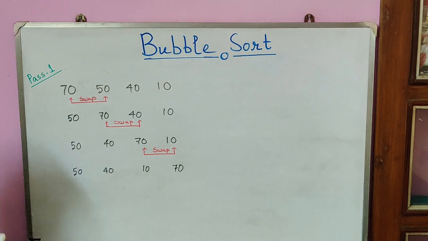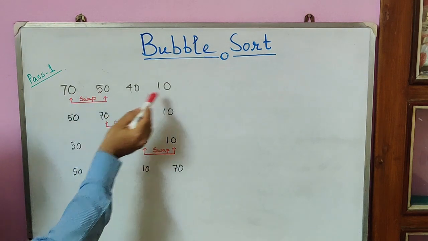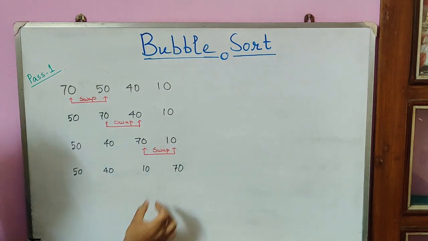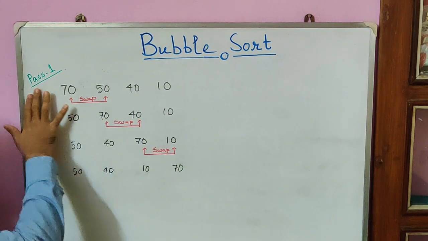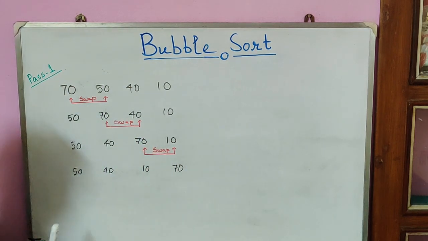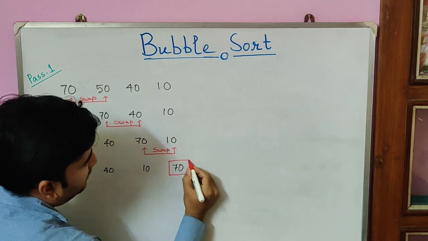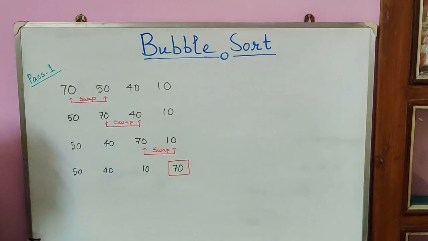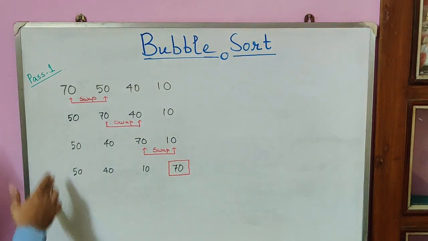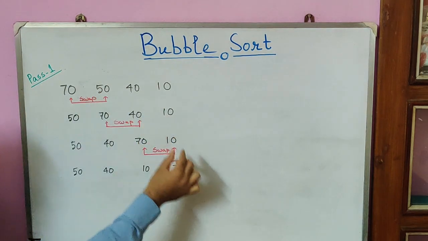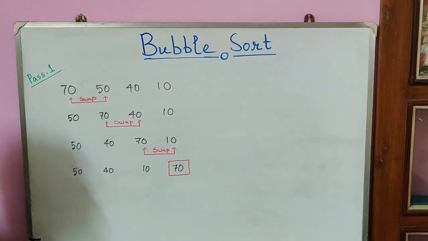So you can see that the first one, the 70, is the largest one, and after the first pass it comes to the last position. So this element is sorted right now. After the first pass we got the largest element at the last position.